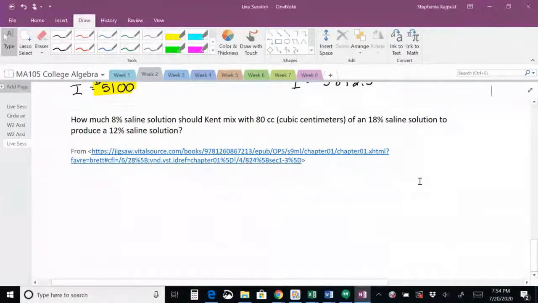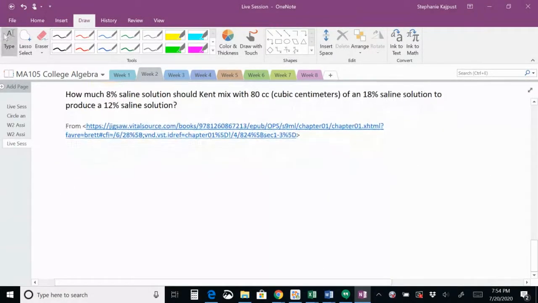So mixture problems have a general setup, and there's a table that they use, which I think is very, very helpful. So you basically have your first mixture, the second mixture, and then, or I shouldn't call these mixtures because they're not mixed yet. Solution 1, solution 2, and then the mixture.